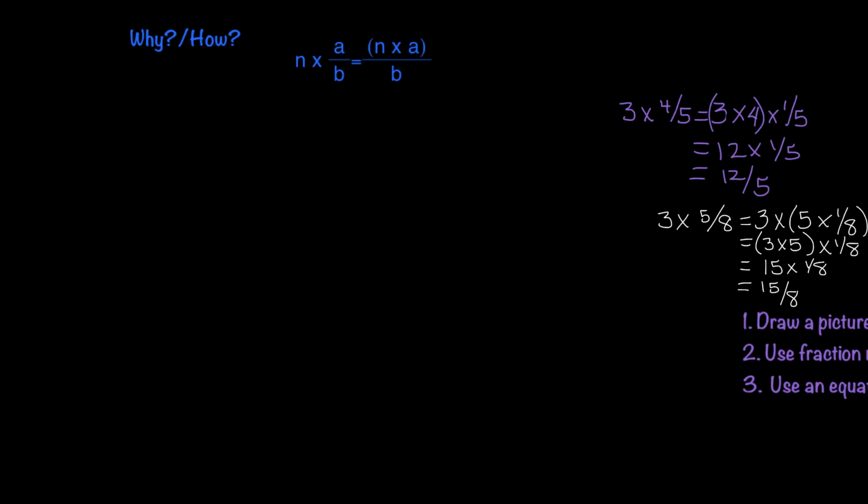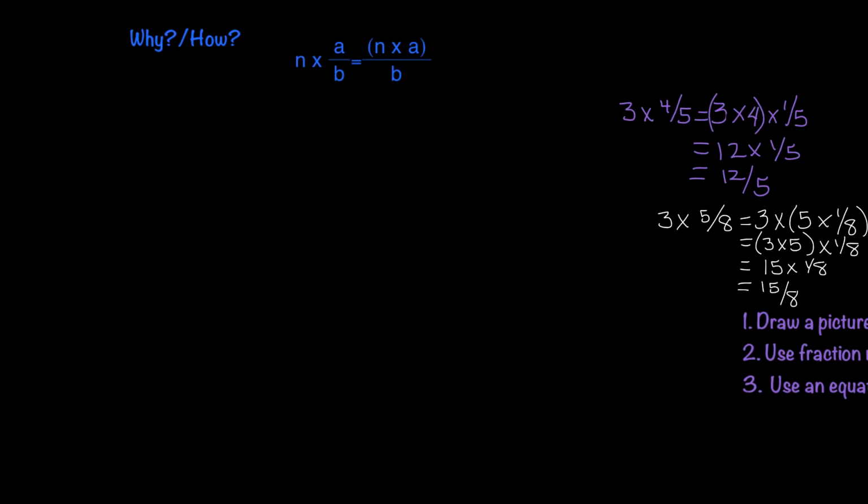And I'm going to do the same thing this time just to get you used to seeing those and thinking about what's going on. So basically each of these letters represents a number. This N is going to represent our whole number that we are multiplying. And then A over B is going to represent whatever fraction we are multiplying times the whole number.